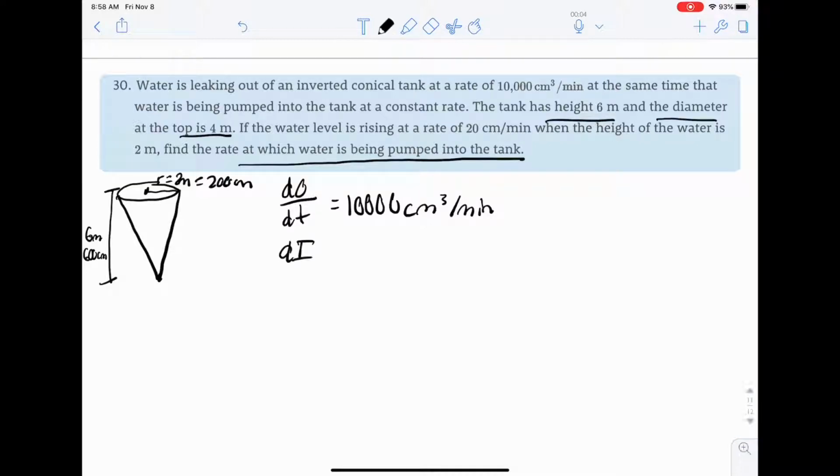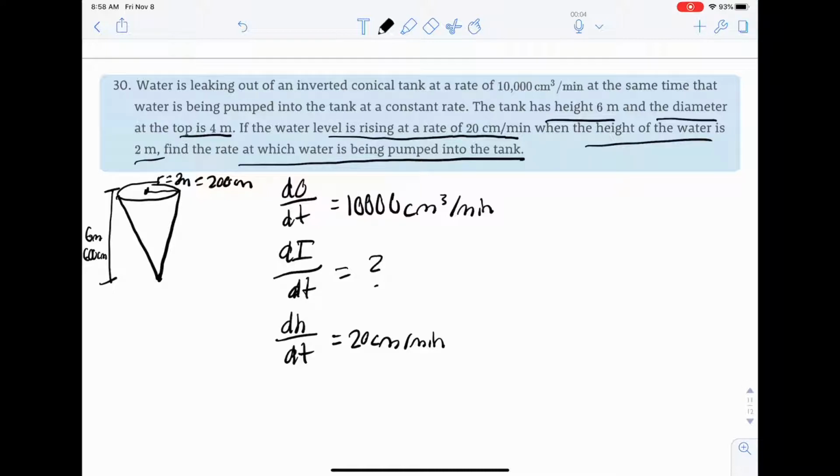So that's going to be I for in. And the water level is rising at a rate of 20 centimeters per minute. So that's going to be dH over dt is equal to 20 centimeters per minute when the height of the water is 2 meters, which is equal to 200 centimeters.